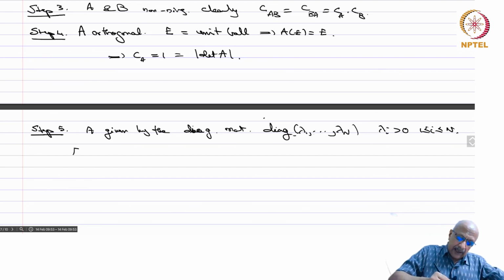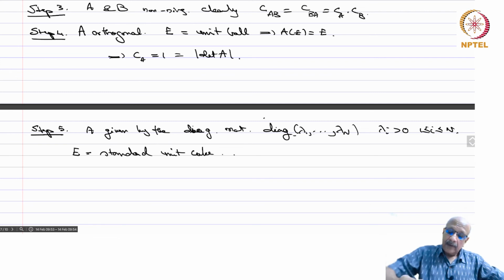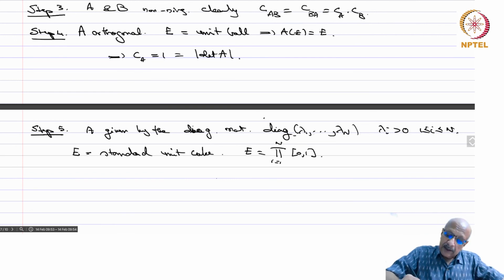Then you take E equals the standard closed unit cube, E equals product i equals 1 to n of [0,1]. So then what is AE? This is a diagonal matrix, so it is the product i equals 1 to n of [0, lambda i].